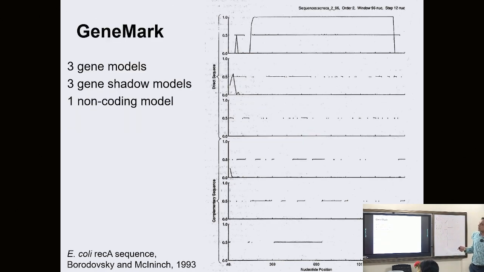Okay, and this program was named GeneMark, and was used in annotating the first bacterial genome that was sequenced in 1995. Do you remember the first bacterial genome that was sequenced? No, not E. coli. E. coli was 1997. The first bacterial genome was sequenced in 1995. E. coli may be second, not first.